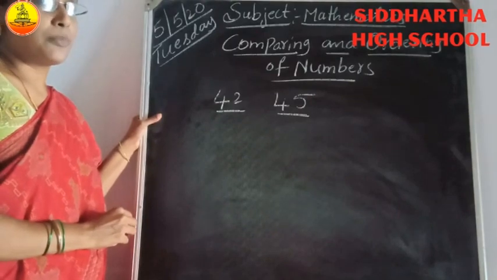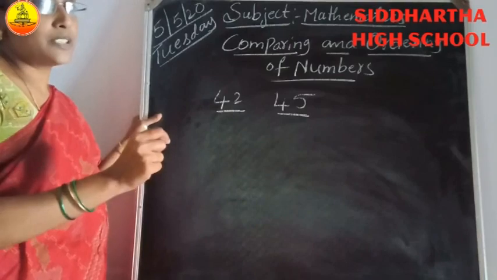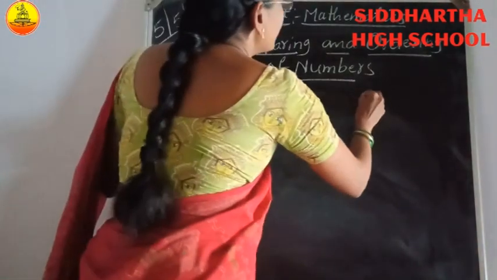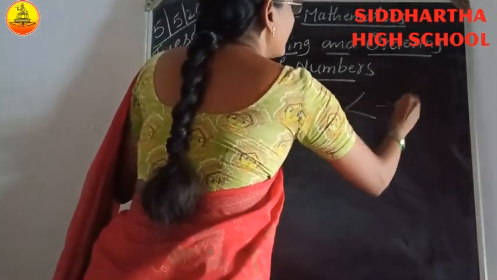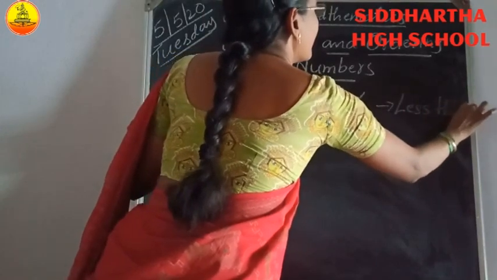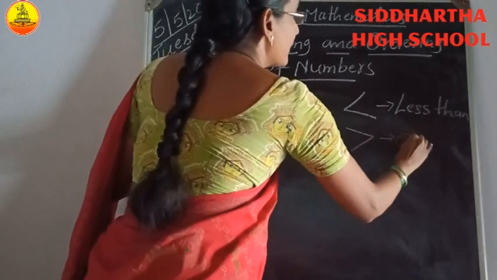In maths, you compare numbers or things by using some symbols. Which are those symbols? See, children. This is called less than. This symbol is called greater than.